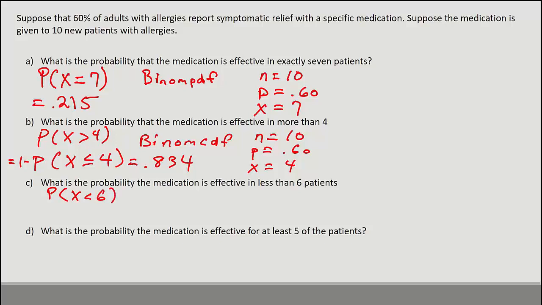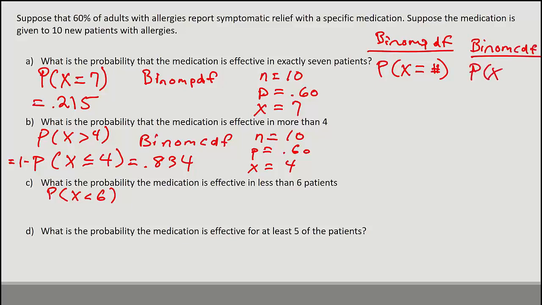Here's the deal with this one. Remember, Binompdf is the probability that x equals a number, and Binomcdf is for the probability that x is less than or equal to some number.